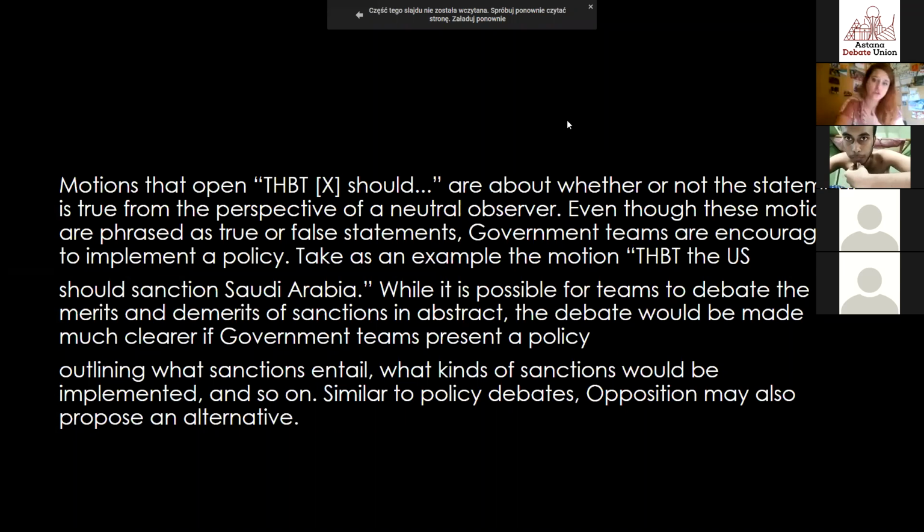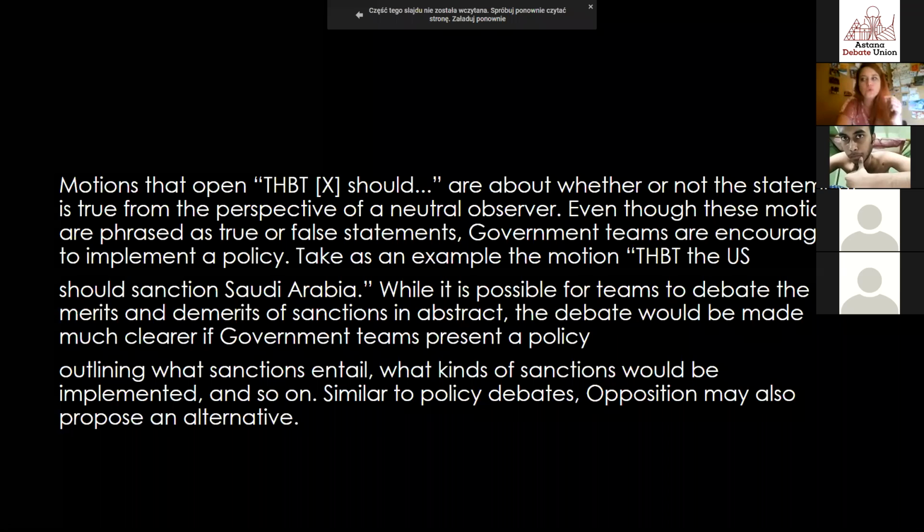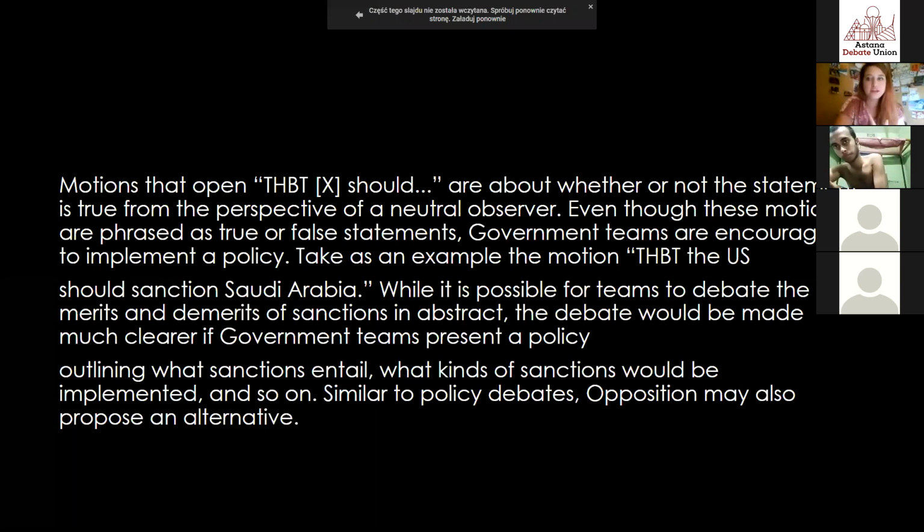While it is possible for teams to debate the merits and demerits of sanctions in the abstract, the debate would be made much clearer if government teams present a policy outlining what sanctions entail, what kinds of sanctions would be implemented, and so on. So even if this is not a policy debate, it's much better if you explain how this sanction will look, to increase the probability of your impacts occurring and the reaction which you are expecting the countries to make. Opposition may also present the alternative.